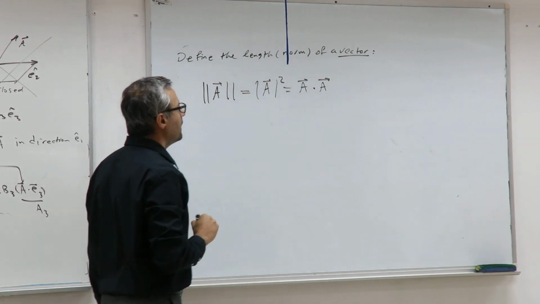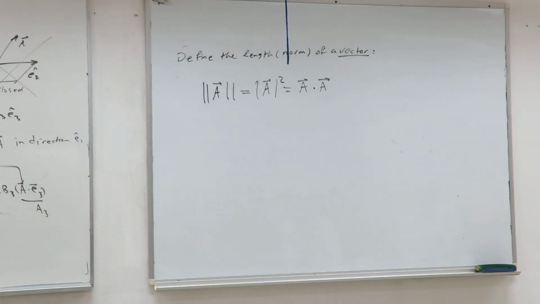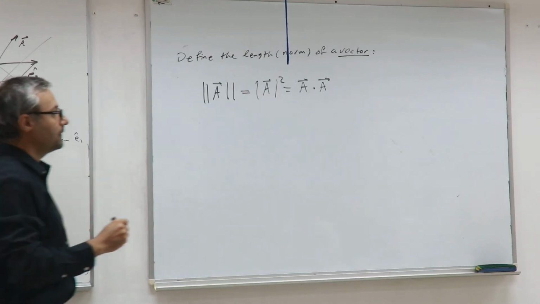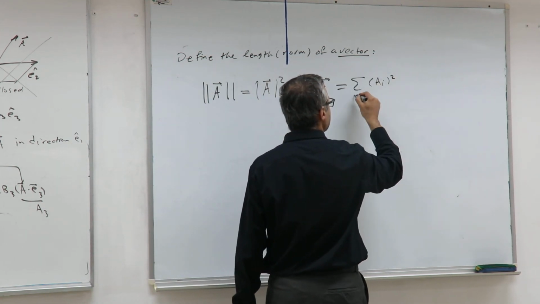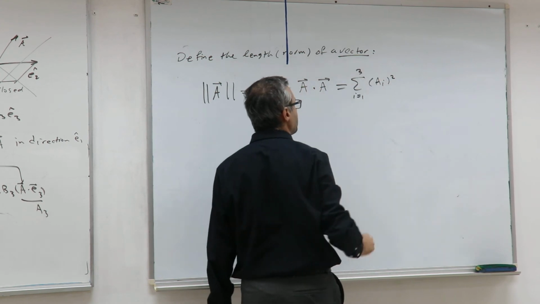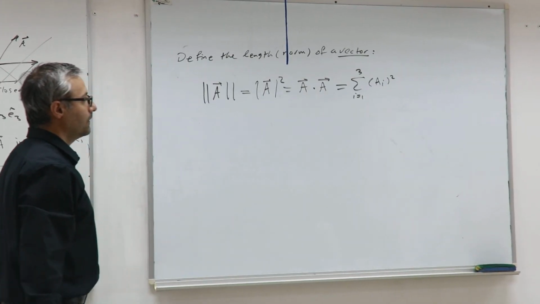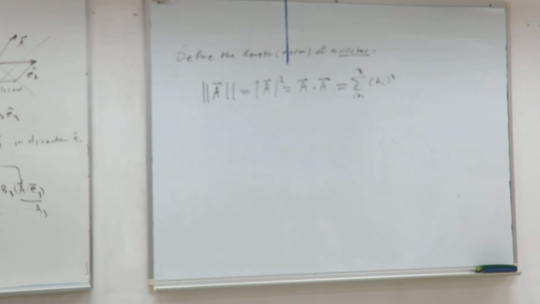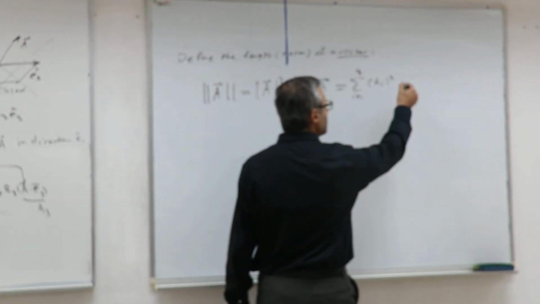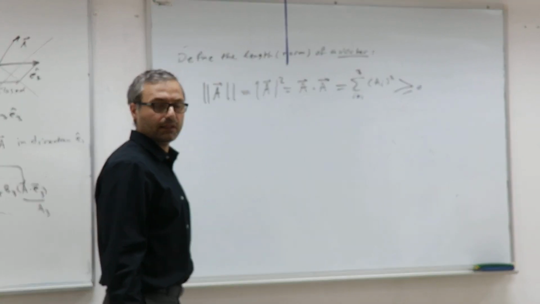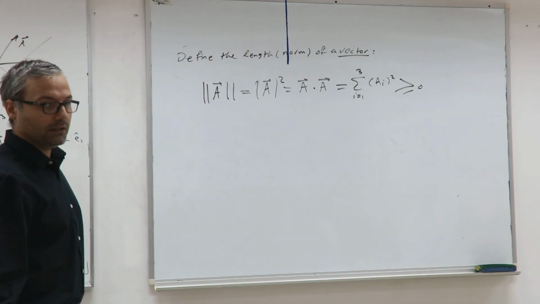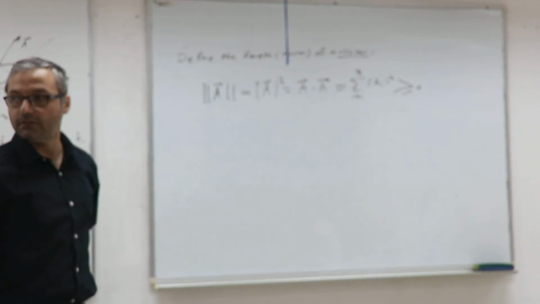It's just given as A dot A. So A dot A just means the sum of Ai squared. Okay, it is easy, and you see that definitely that will be positive. So you can never get any vector in Euclidean geometry with a negative length.